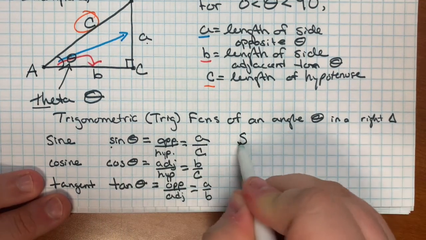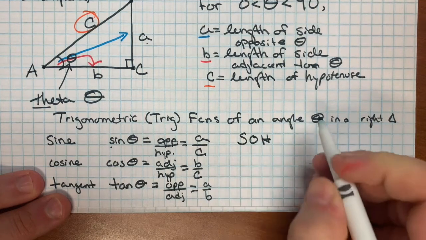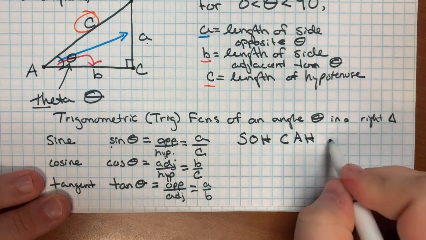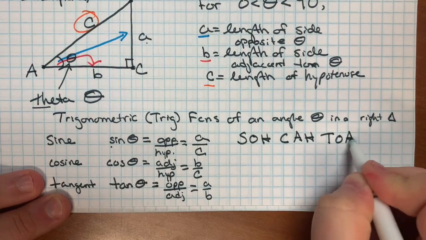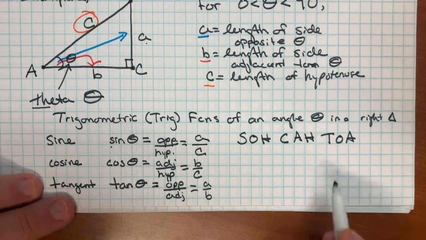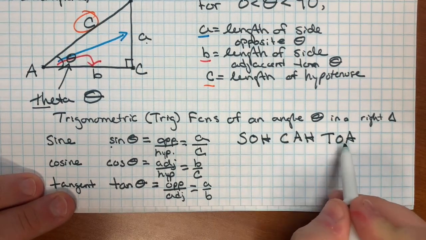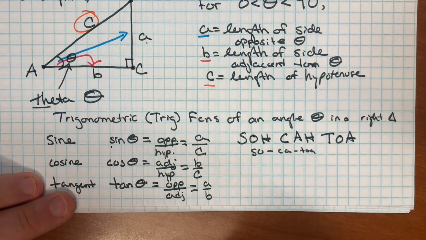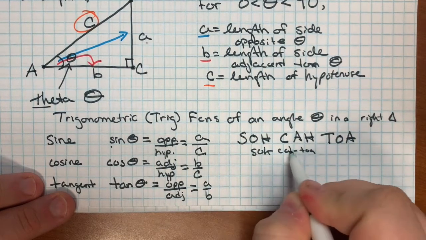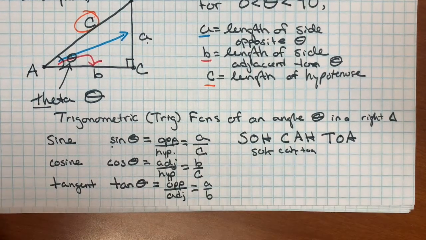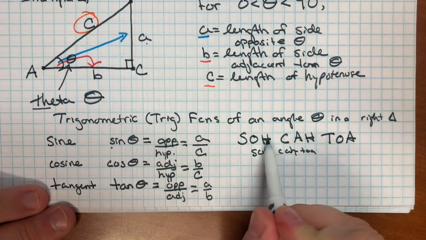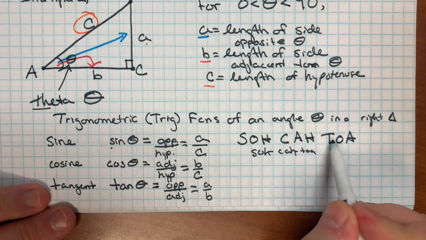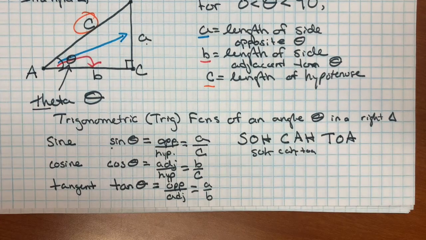And so we remember this as SOHCAHTOA. Because sine is opposite over hypotenuse, cosine is adjacent over hypotenuse, and TOA, tangent, is opposite over adjacent.